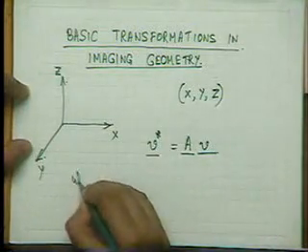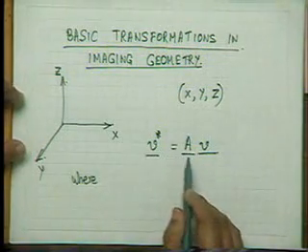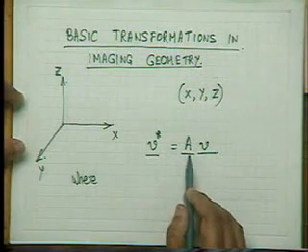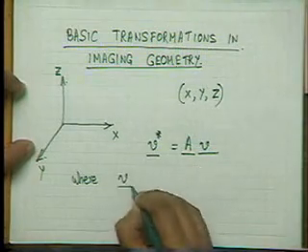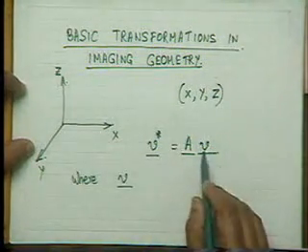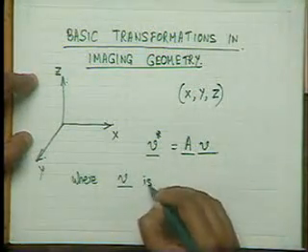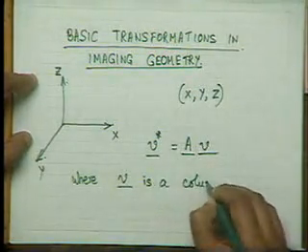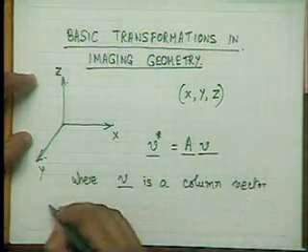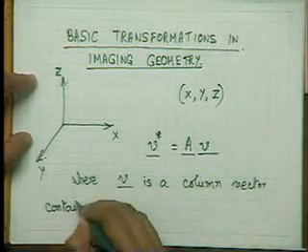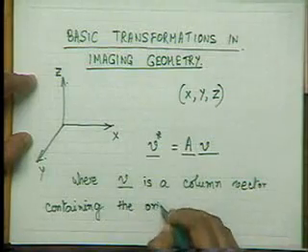A vector V star will be written as the product of matrix A and vector V, where V is a column vector containing the original coordinates.